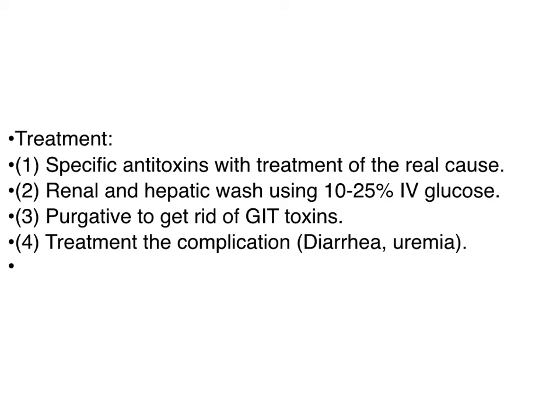Renal and hepatic wash using 10 to 25% IV glucose. Purgative to get rid of GIT toxin. ننطي المواد المسهلة القوية حتى نطرد جميع المواد السامة من القناة الهضمية. Treat the complications such as diarrhea and uremia.